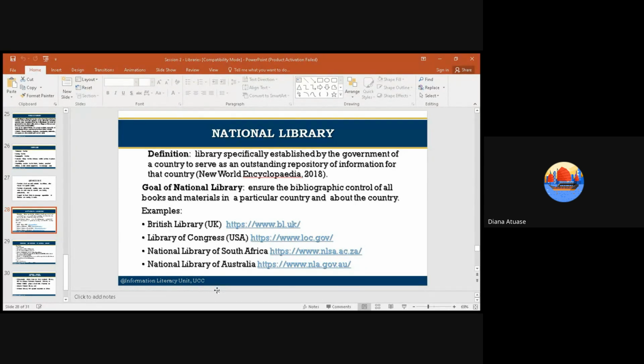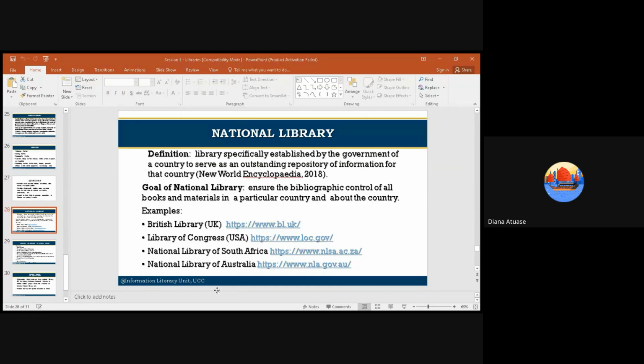You go to a bank and you want to access their library, the collections will be on banking, accounting, management, and the rest. So it depends on the work that the particular institution does. The library also provides collections to support staff to function well in that organization or institution. Then we have the national library.